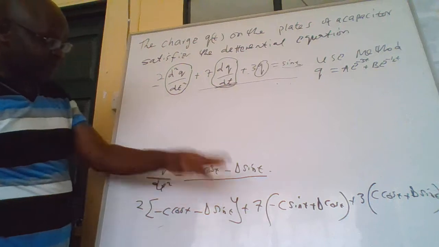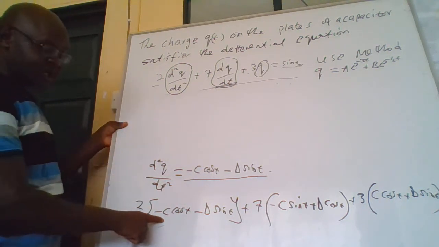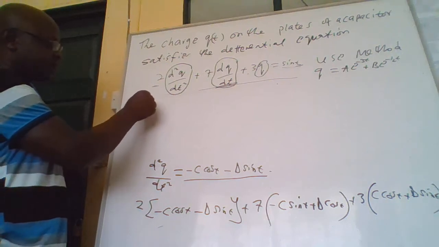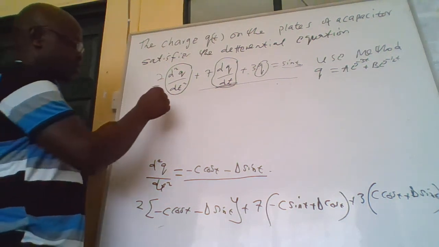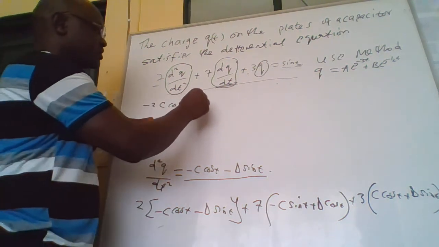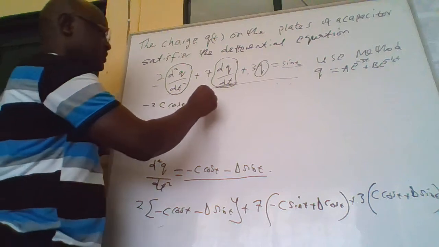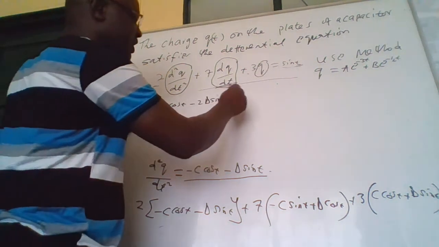Now we open up the bracket. We start from here. So 2 times this, we shall have minus 2c cos t minus 2d sin t, and then plus.